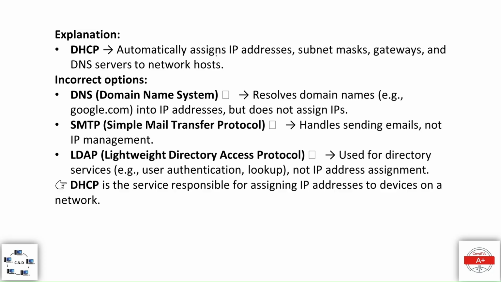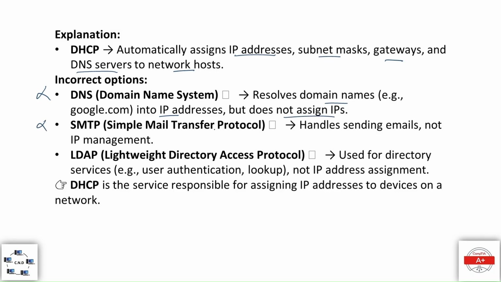Explanation. So DHCP automatically assigns IP addresses, subnet masks, gateways, and DNS servers to network hosts. So the incorrect options are DNS, domain name system. DNS resolves domain names, for example, google.com, into IP addresses but does not assign IPs.